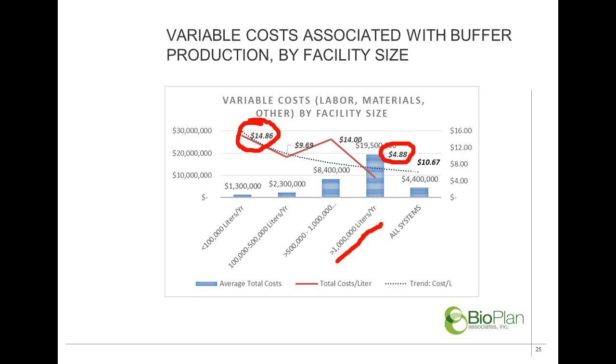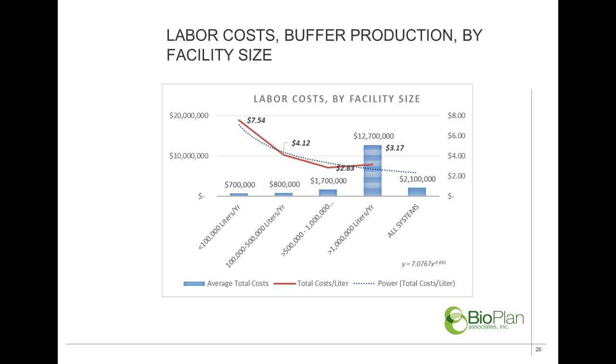When we teased out just the labor cost, for example, the labor costs associated with production, we find that you're spending about $7 per liter on labor. And we bring labor into the picture because the cost of the consumables, for instance, is not going to change much regardless of how you produce it. But this number here, in terms of labor, may be the key factor in how to differentiate an outsourced versus an in-house make versus buy decision.